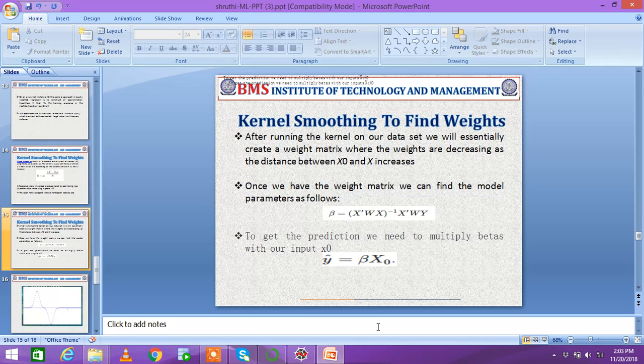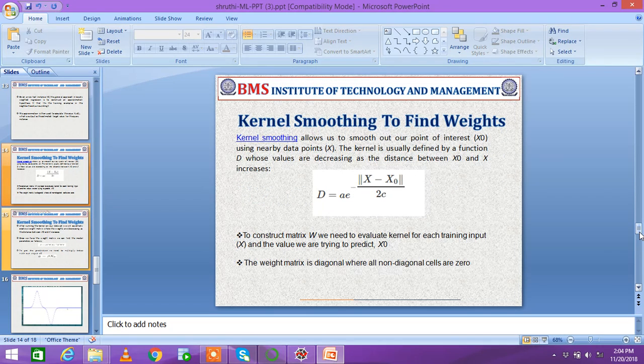To get the prediction, we need to multiply beta with our input, that is x naught. So to predict, y is equal to beta into x naught. Beta is calculated as x transpose into w into x, the whole inverse, into x transpose into w into y.